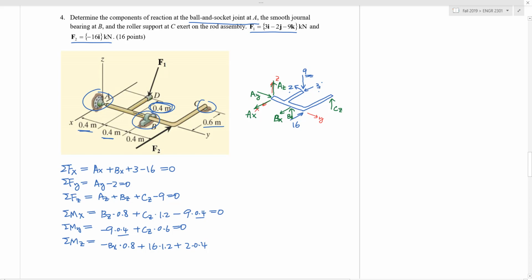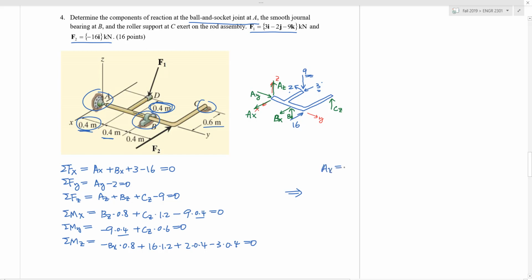And then the 3 kilonewton force creating clockwise rotation about z-axis, so negative moment with a moment arm of this 0.4 meter, equals 0. All right, that is your 6 equations with the 6 unknowns, AX, AY, AZ, BX, BZ, and CZ. You can solve for all of them.